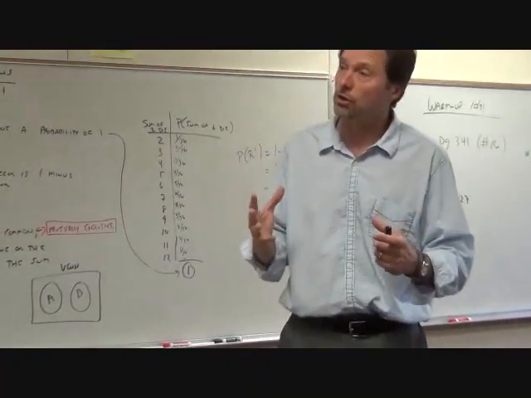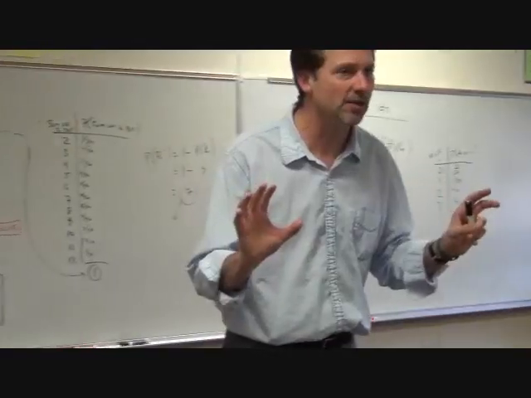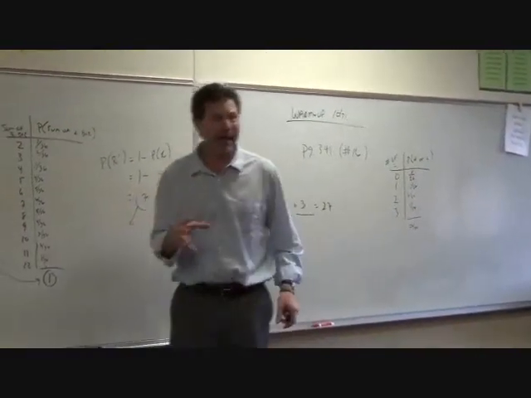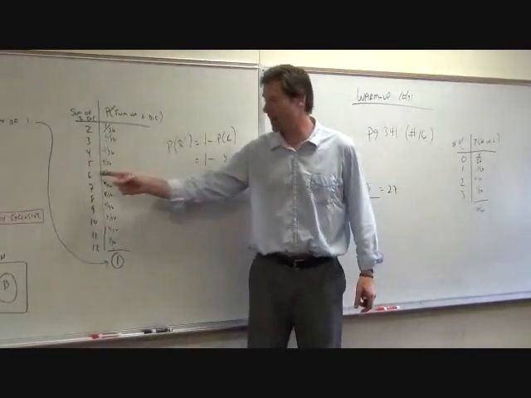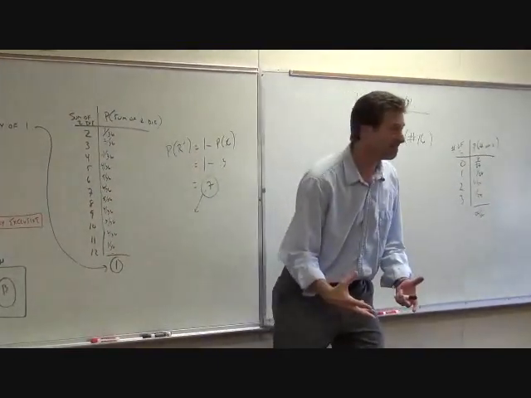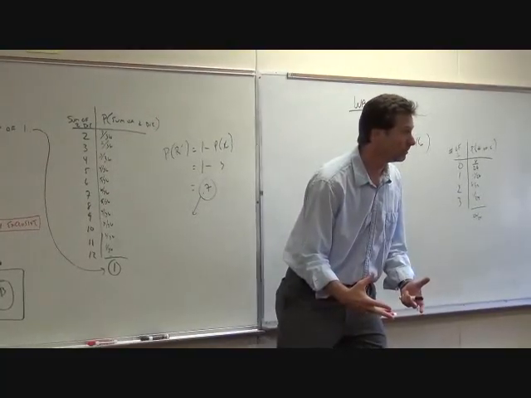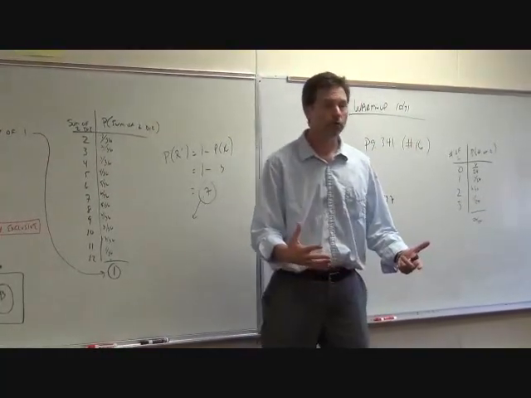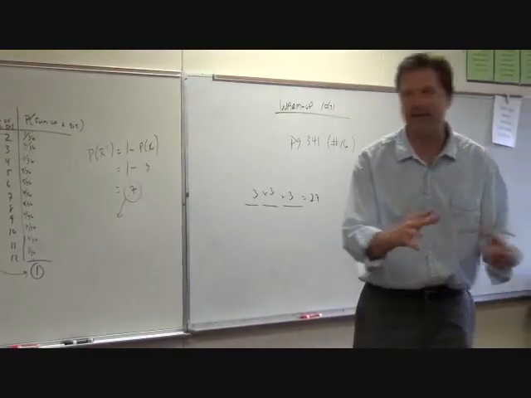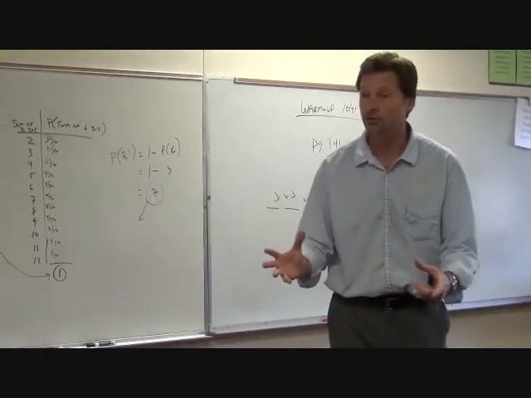In order to be mutually exclusive, the two events cannot happen at the same time. How about this? Is it possible to roll 2 dice and get a sum of 4 and a sum of 10 at the same time? No, impossible, right? So the chances of getting a 4 and a 10 is impossible. Those are mutually exclusive events.